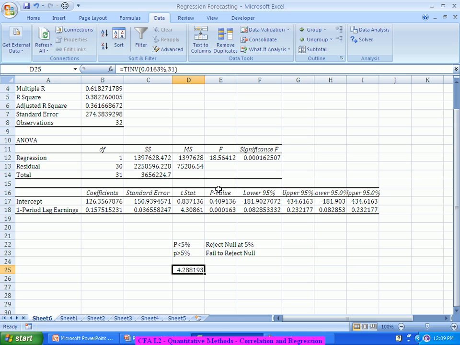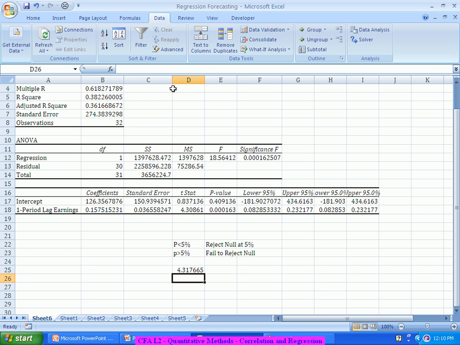Slightly more. Now what we are seeing here is the table value is actually 4.31, the critical value. Critical values are minus 4.31 to plus 4.31.